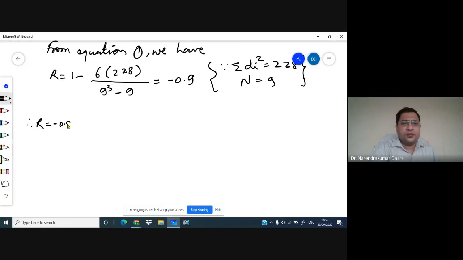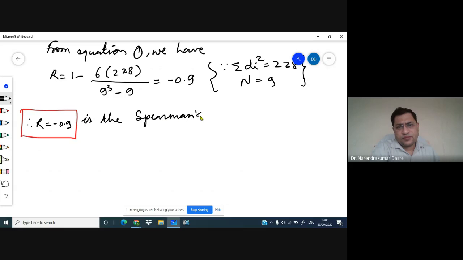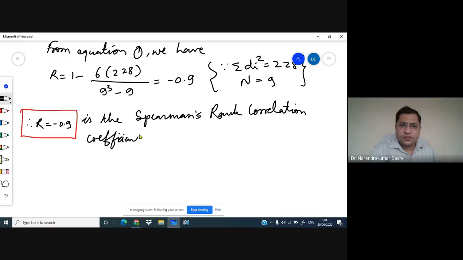So we can say this is the Spearman's rank correlation coefficient in X and Y. So that's what you have.